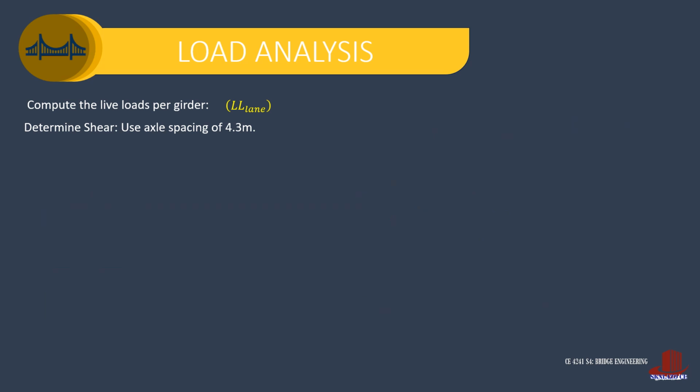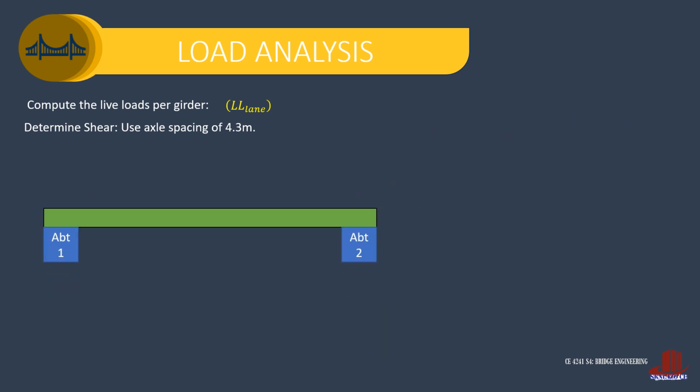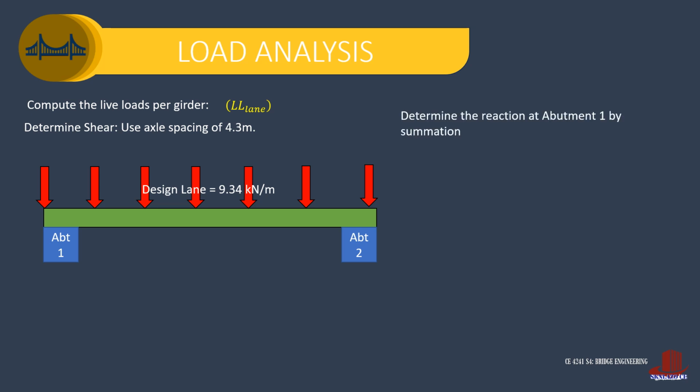The last parameter is the design lane. This is the distributed load of 0.64 kip per foot converted as 9.34 kilonewtons per meter throughout the entire span. Again, take the reaction, but this time we can use WL over 2, or 9.34 times 20.5 all over 2, giving 95.735 kilonewtons.